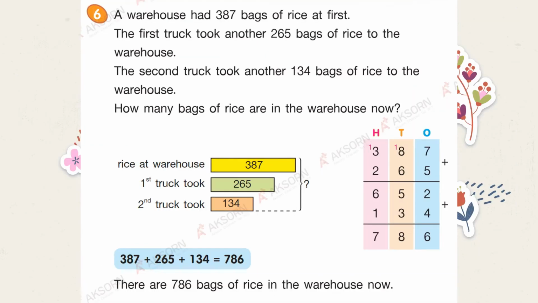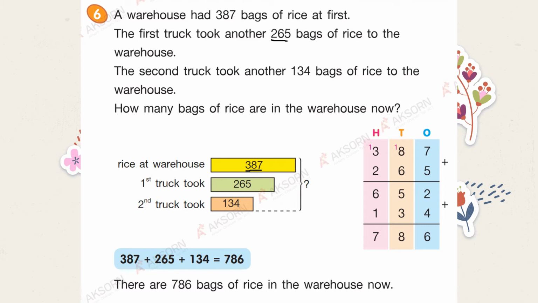Okay, for the last number, a warehouse has 385 bags of rice at first. So here we have 387 bags of rice, and the first truck took another 265 bags of rice.